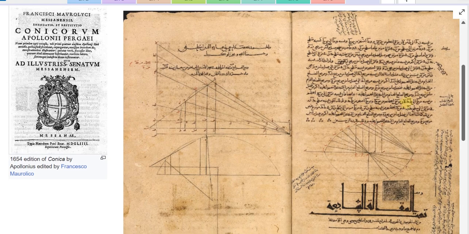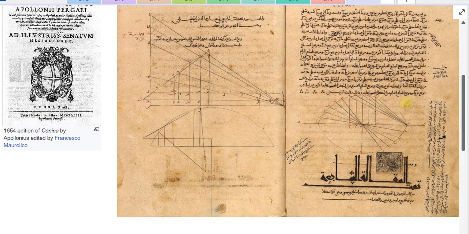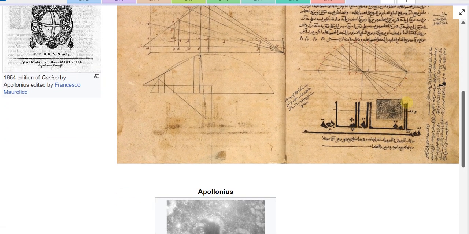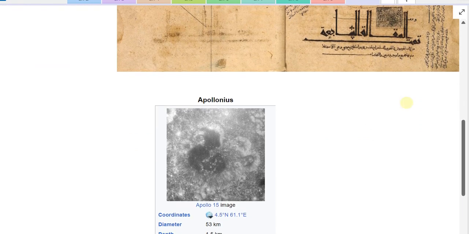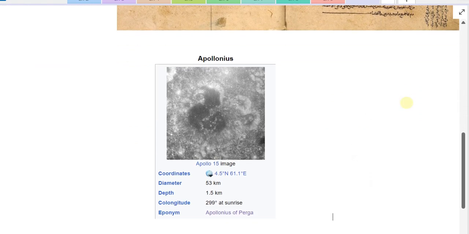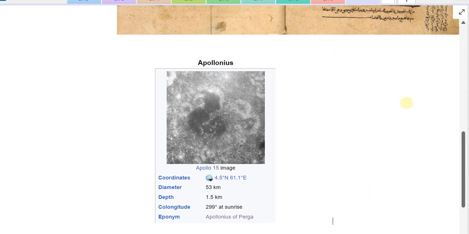I think, if I'm not mistaken, they've been translated into at least 5 or 6 different languages. And of course, they have named a moon after him, Apollonius. So, a very important figure, a towering figure in mathematics.